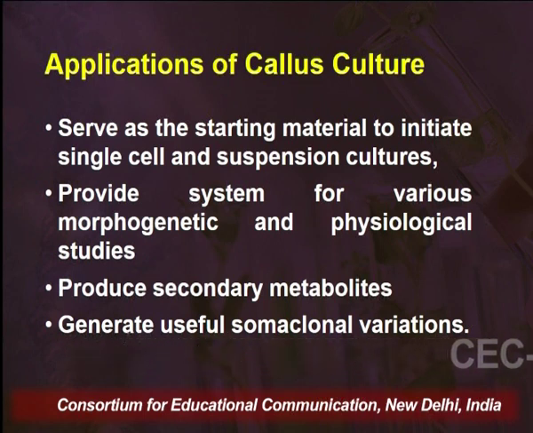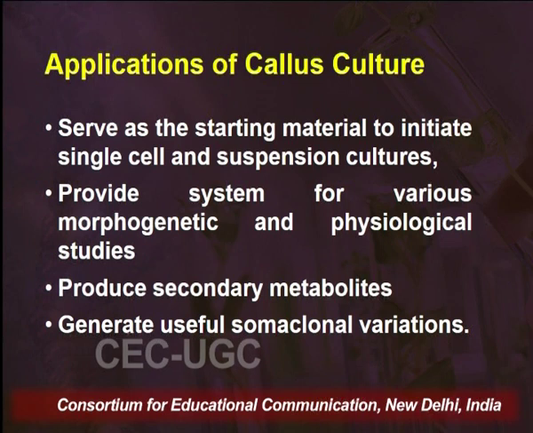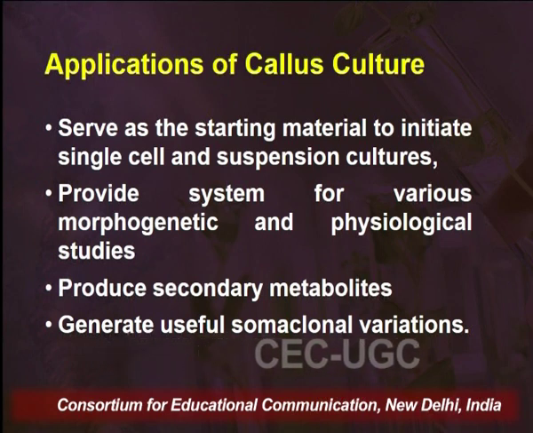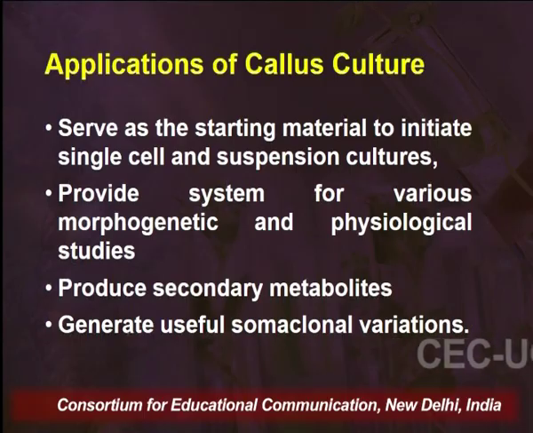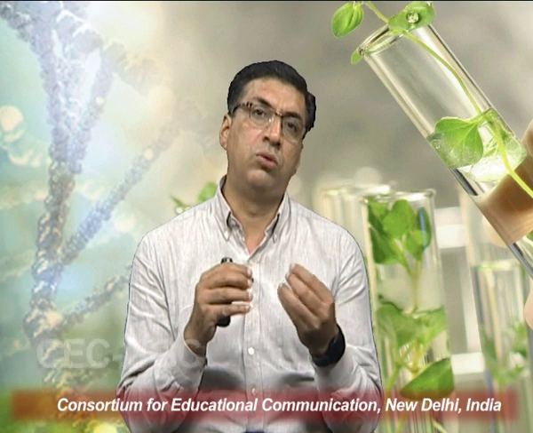As we discussed, we can convert those calluses into more friable callus by changing the hormonal composition or by increasing the oxygen concentration, which will make the callus more friable into smaller fragments, which can be used as a starting material for suspension cultures.